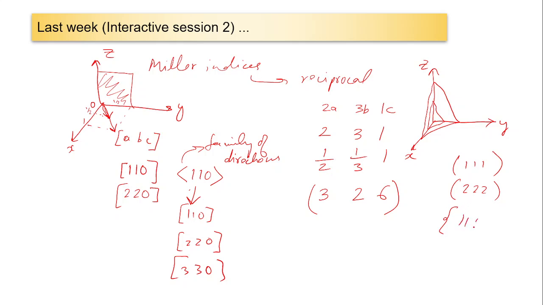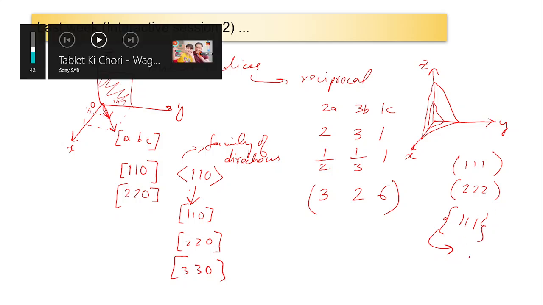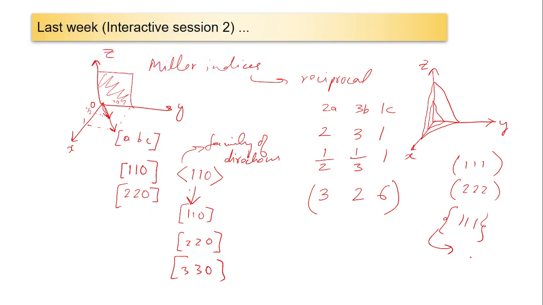When I represent it like this, it means all 1 1 1, 2 2 2, 3 3 3, all those planes. So this is how we represent these different directions, families of directions, planes, and families of planes.